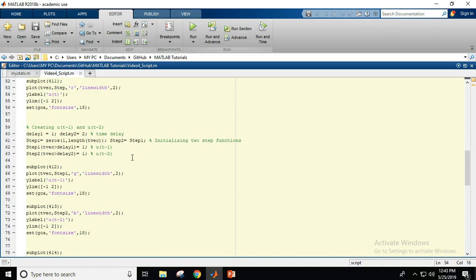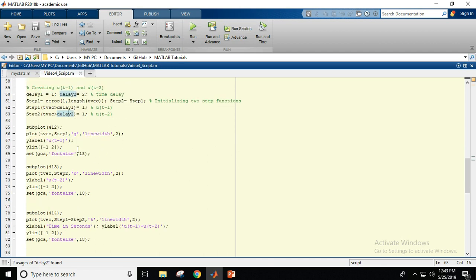And then I just plot it, and to introduce a delay, I've selected two variables, delay 1 and delay 2. So this is for u of t minus 1, and this is for u of t minus 2. And I use the exact same logical expression to generate the delayed unit step functions.